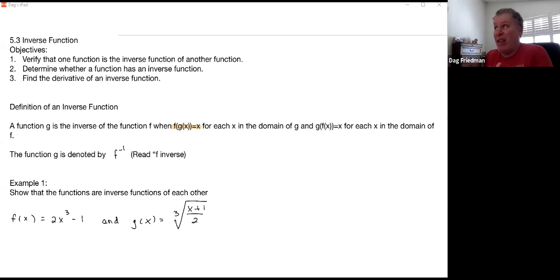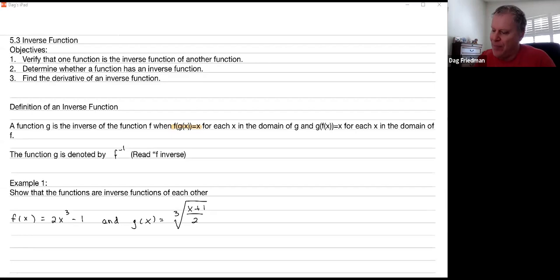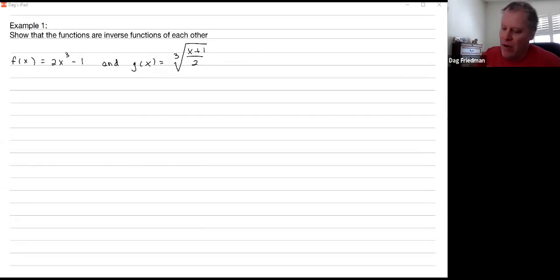If I get that, then these functions are inverses of each other. So let's look at the first one. The first thing I'm going to do is f evaluated at g. Again, if these functions are inverses of each other, then this will be true.